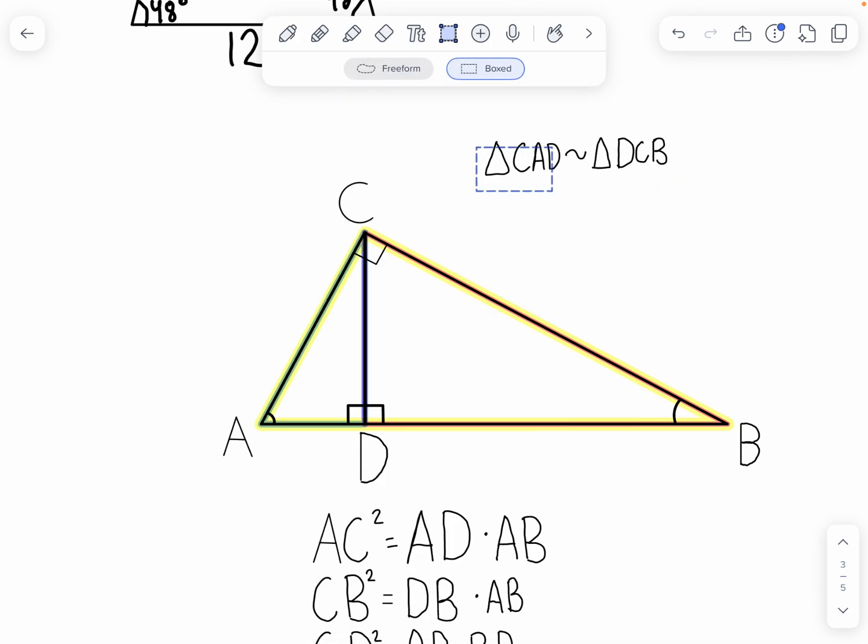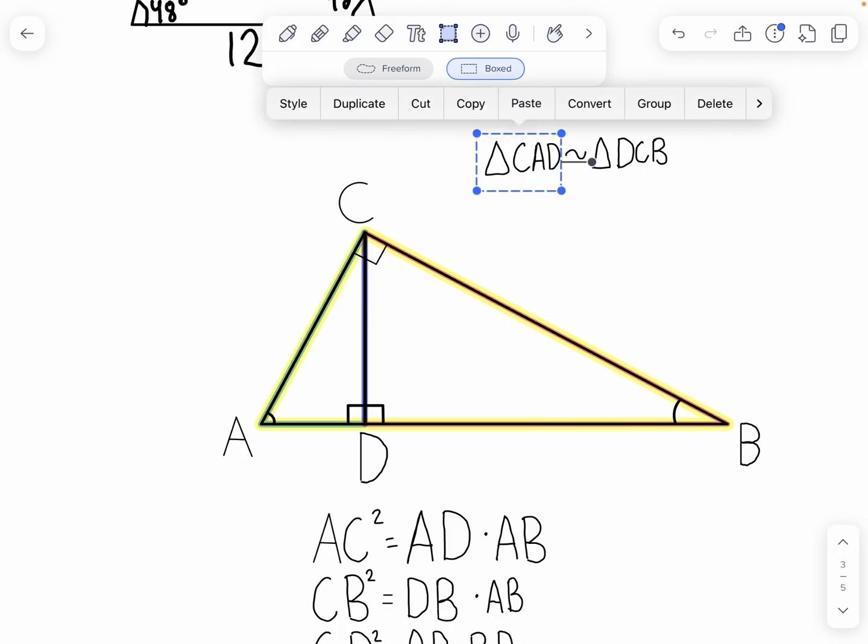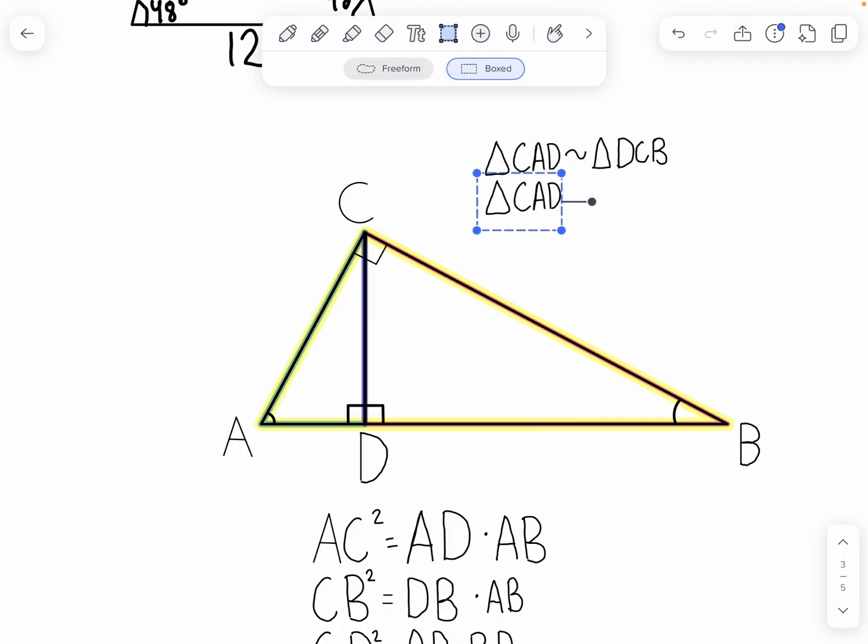Triangle CAD, or right triangle CAD, is also similar to the entire triangle of CAB.